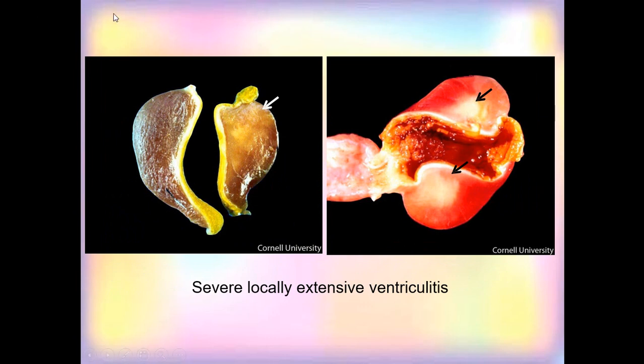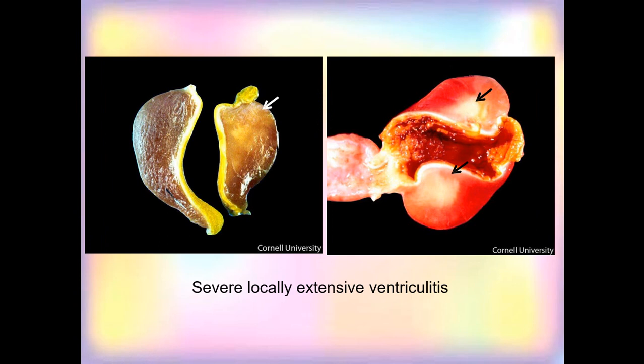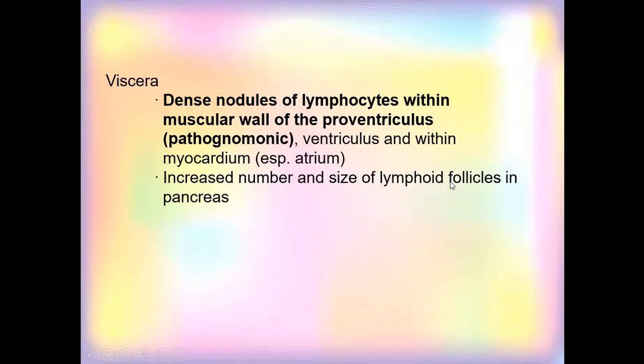Here, this is an adult chicken with a focus of ventriculitis, inflammation in the ventriculus. If we look at this white spot using histopathology, we will see nodules of lymphocytes in the wall of the proventriculus, and sometimes also within the heart, but this is seldom found.